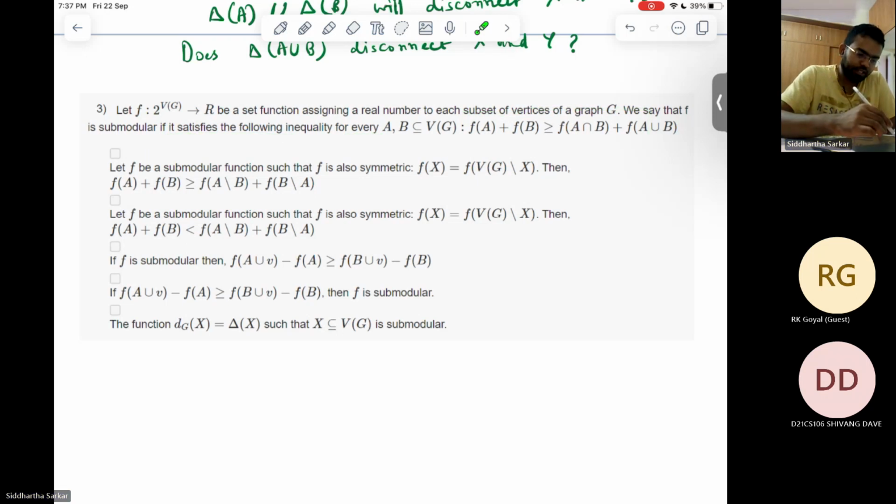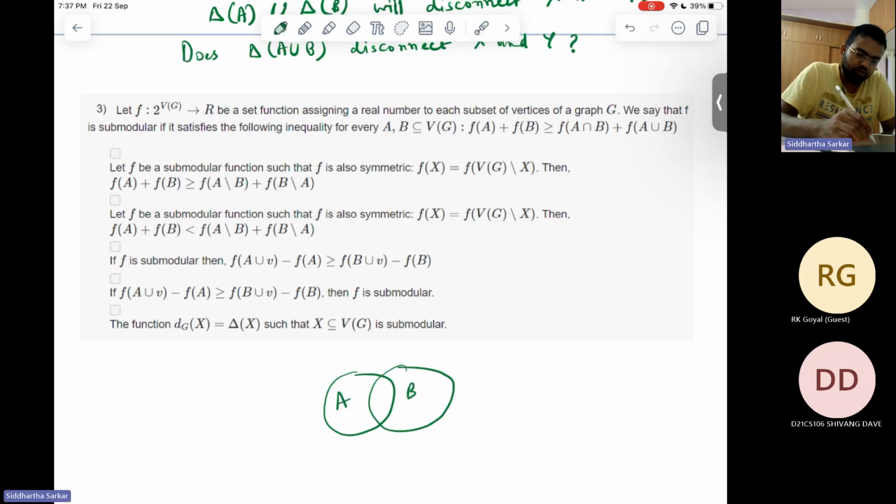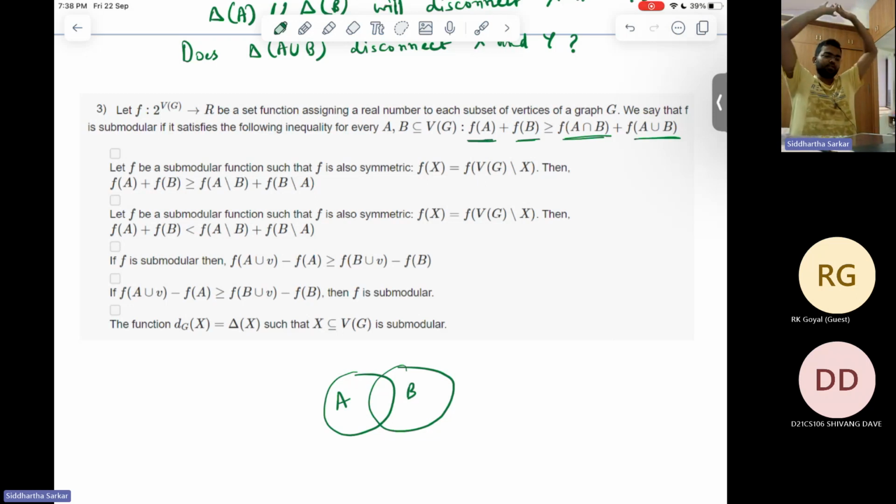Okay, so we call it submodular if it satisfies this inequality. Again, this is A, this is B. The value of the function for A plus the value of the function for B is at least the value of the function for A intersection B plus the value of the function for A union B. So that is the definition of a submodular function. Submodular functions are very well studied, nice, and have many applications in many theoretical computer science problems.